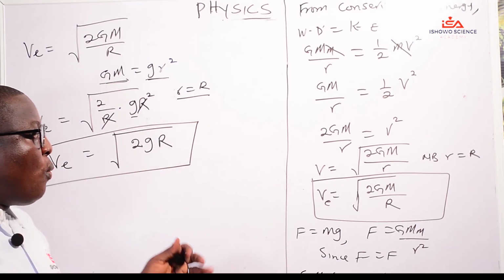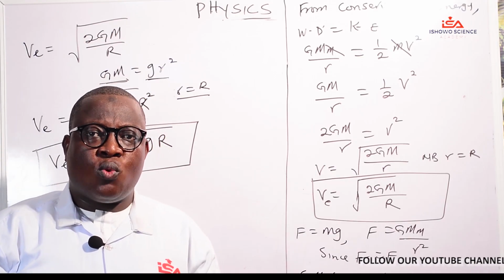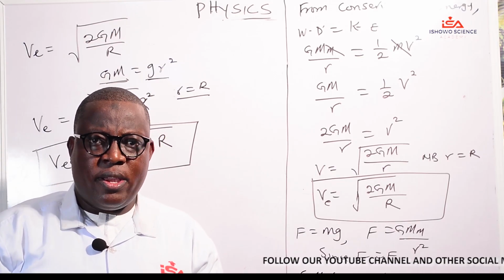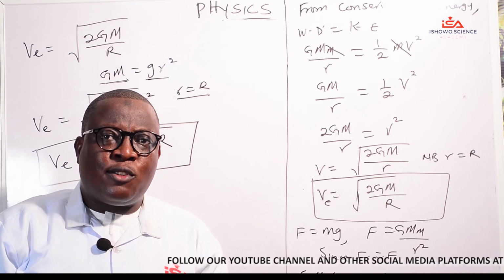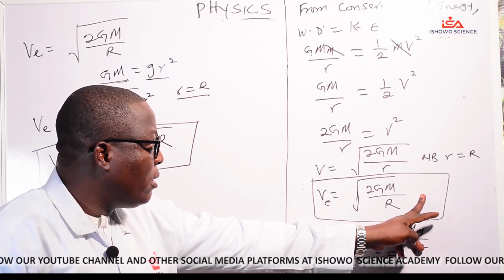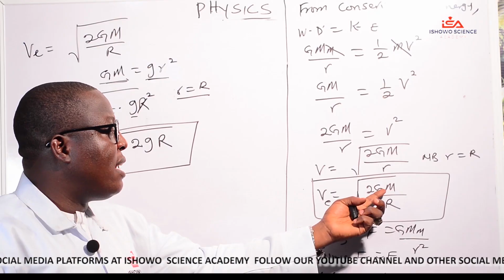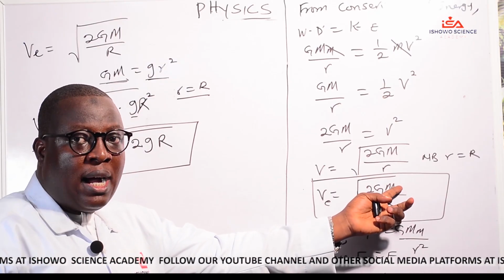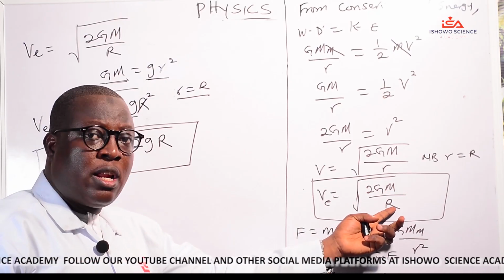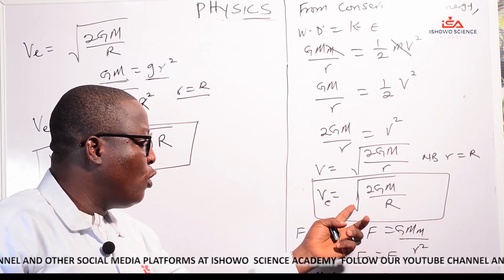Meanwhile, for calculation purposes, when you are given a question and you are asked to calculate the escape velocity, the parameters you are given in the question will determine whether you are going to use this one or this one. When you are given the gravitational constant, the mass of the earth, and the radius of the earth, you will use this one.